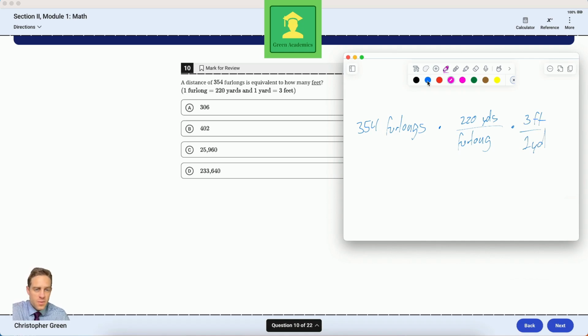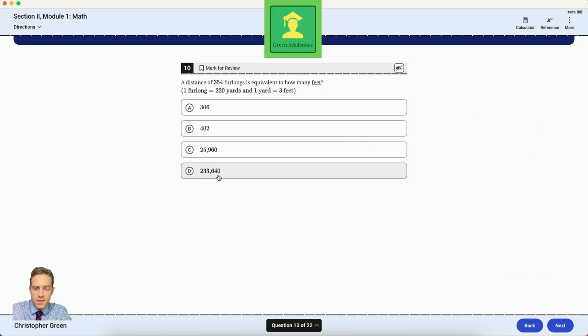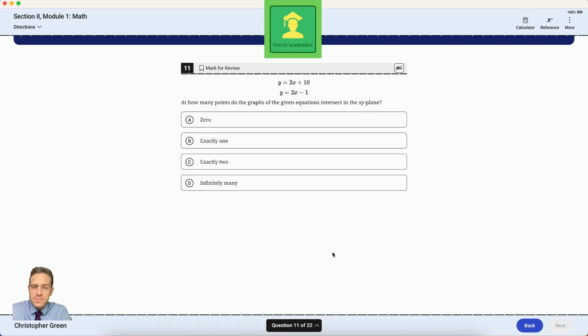So you can confirm that you have the right units because things cancel out, right? You can cancel out yards and yards and furlongs, and the answer will be in feet, which is 354 times 220 times 3, this big number, 233,000.